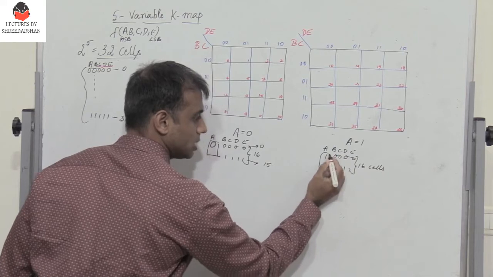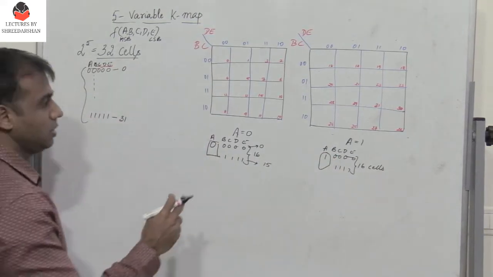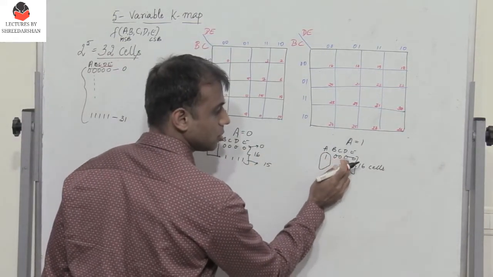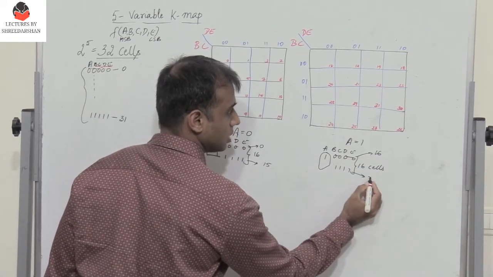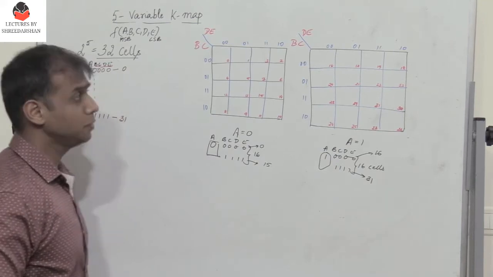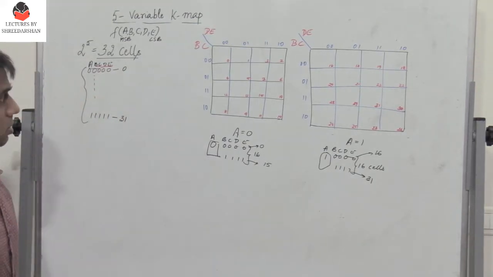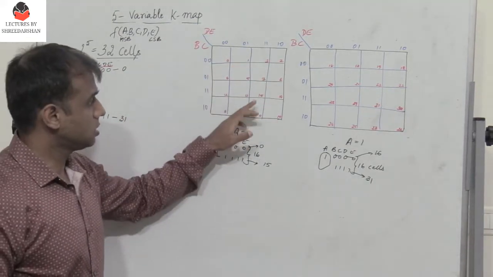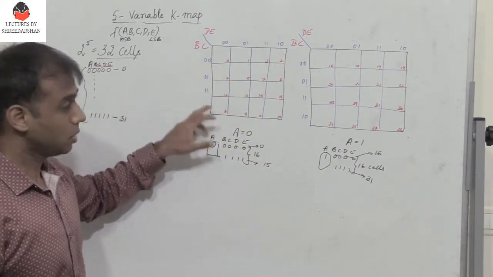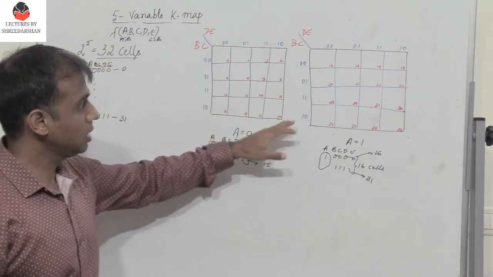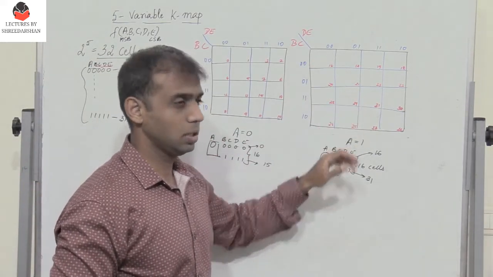And what about the weights? The weights of these cells vary from 1 0 0 0 0, which is 16, to 5 ones, which is 31. So I've written the weights, right? So here this is 0 to 15, which is very similar to a 4 variable K-map where A is 0, and here it is 16 to 31.